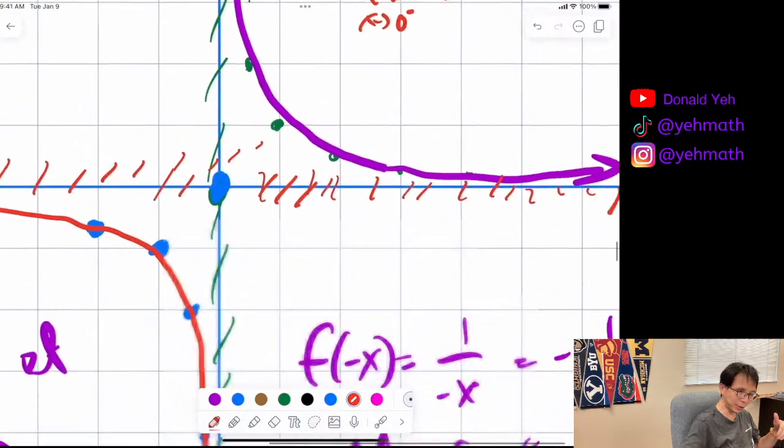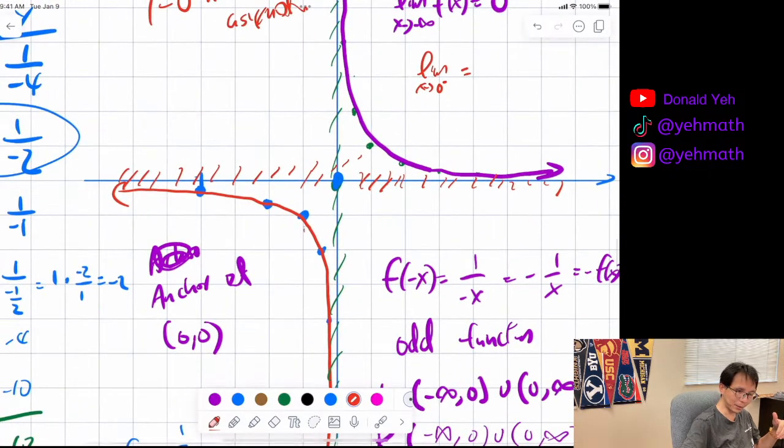Now, if you approach from the left side, what happens to the graph? It's going to negative what? Negative infinity, thank you. It's going to negative infinity. And therefore, the limit as x approaches 0 from the positive is what? Good. Positive infinity.